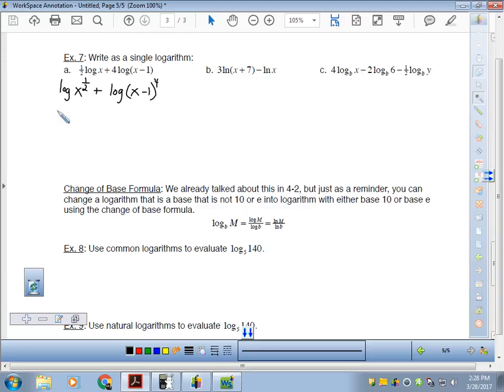Now, a 1/2 power, remember, is a square root, so this is really log of square root of x plus log of x minus 1 to the 4th. And then the last thing we can do is there's an addition here, so we can combine these 2 logarithms with multiplication. And so we get log of square root of x times x minus 1 to the 4th.